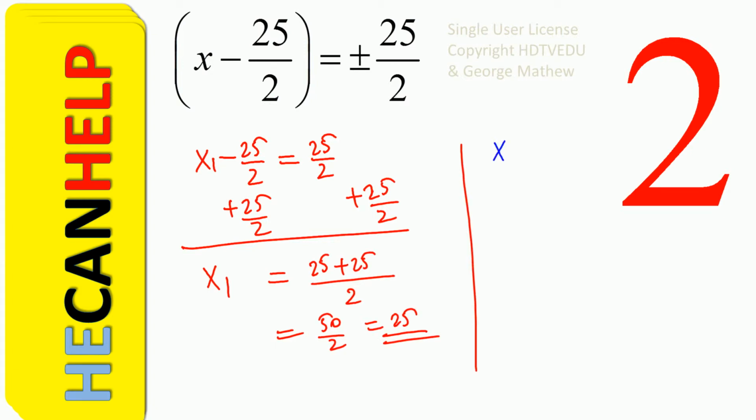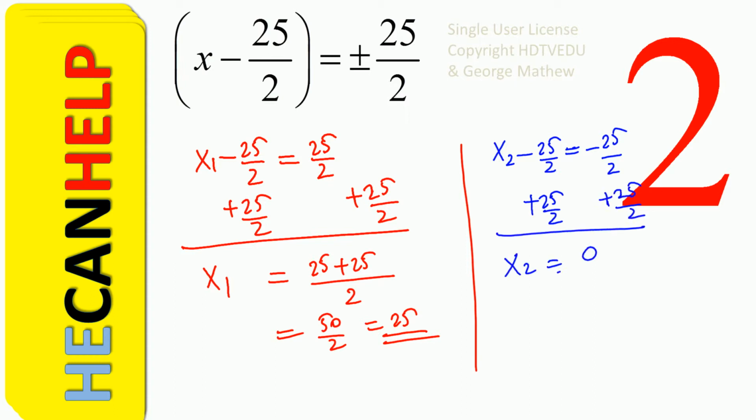Let's call that x2. We already took the positive, so now we go with negative. Add 25 over 2 to both sides. So you get x2 is equal to 0. So what is our solution set? 0, 25.